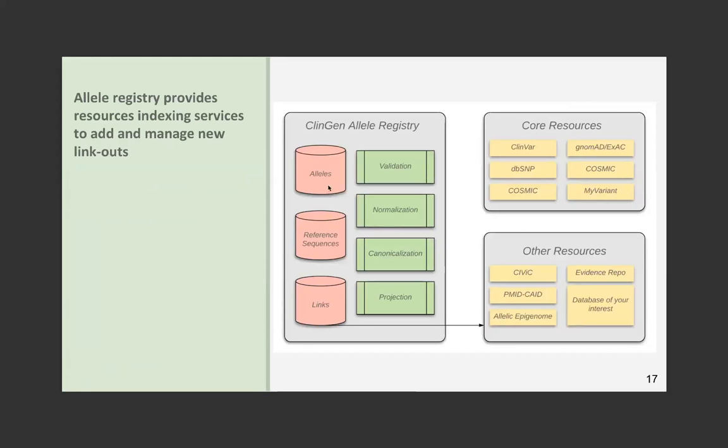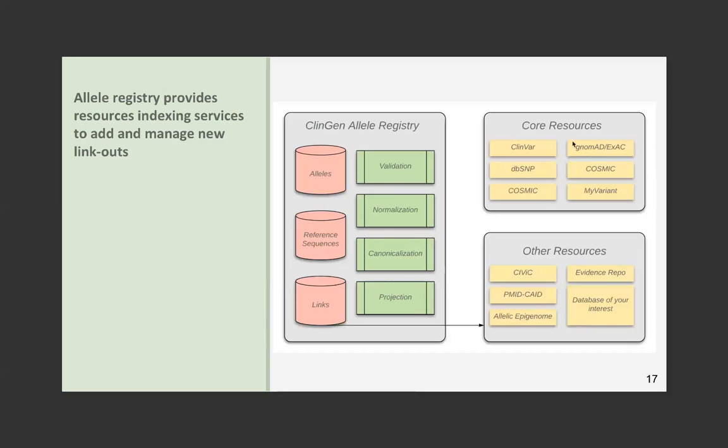One is the Allele database, where the CA IDs are stored; the reference sequences and metadata database, where we store information about various reference sequences and mapping; and third is the link database, where we store the link outs to various resources. And these are the various services or predefined processes in the ClinGen registry: validation, normalization, canonicalization, projection.